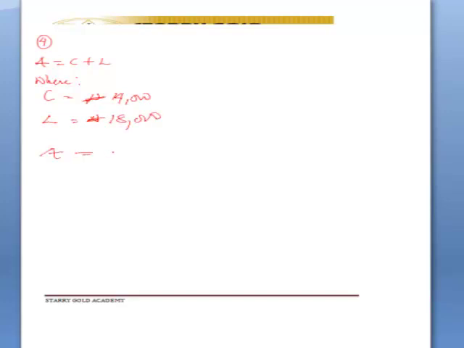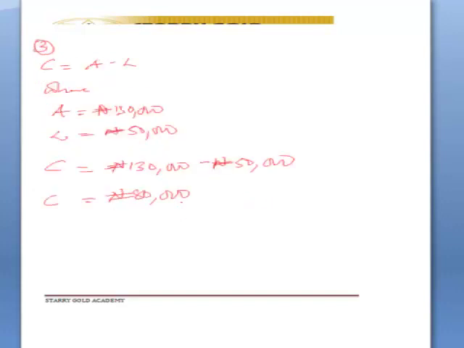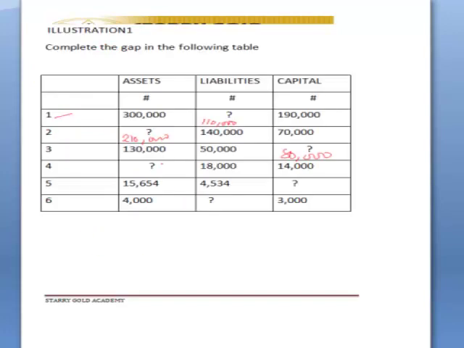Therefore A is equal to C plus L, that is 14,000 plus 18,000. Our A is 14,000 plus 18, that is 32,000. So this is 32.